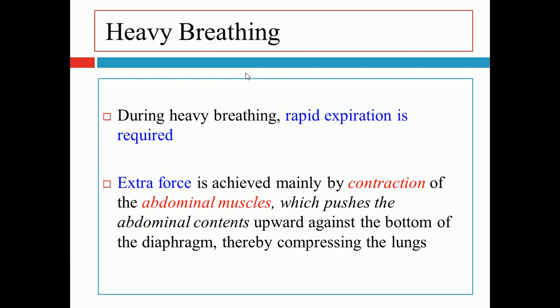So this happens with the lungs. During heavy breathing, you need rapid expiration of air, while extra force is achieved mainly by contraction of the abdominal muscles, which push the abdominal contents upward against the bottom of the diaphragm, thereby compressing the lungs.